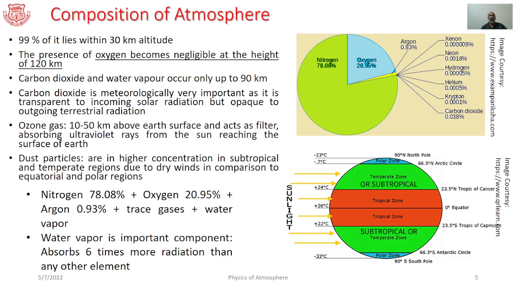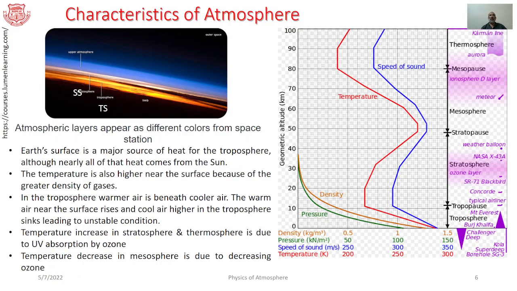Also, the presence of water vapor is important because it absorbs 6 times more radiation as compared to the other elements. So we know about the various layers now: troposphere, stratosphere, mesosphere, thermosphere, ionosphere, exosphere, and accordingly.